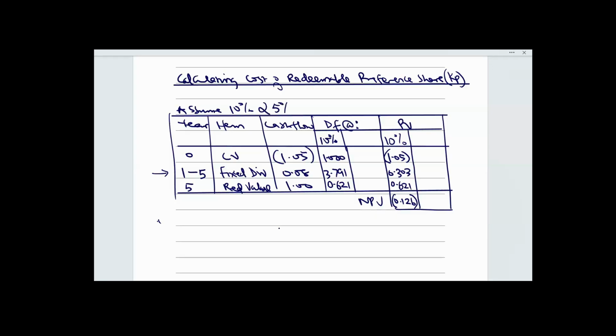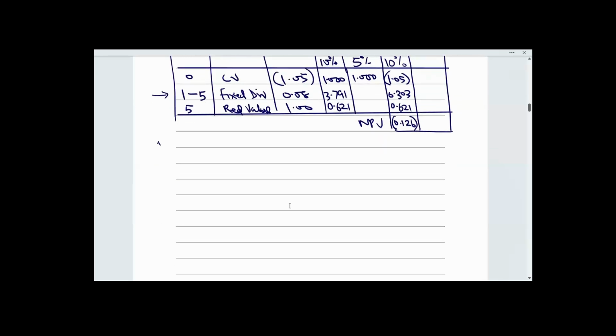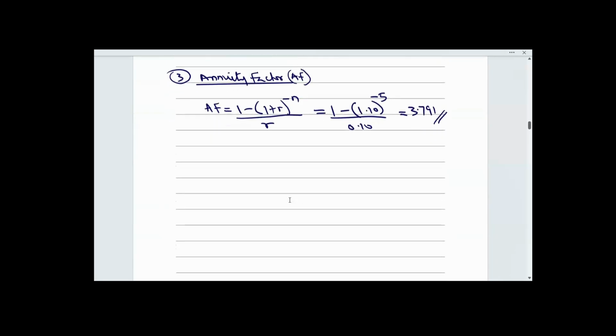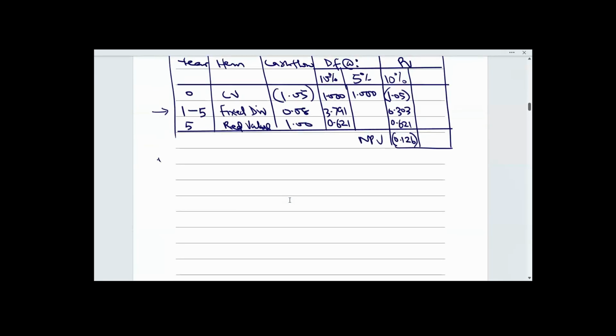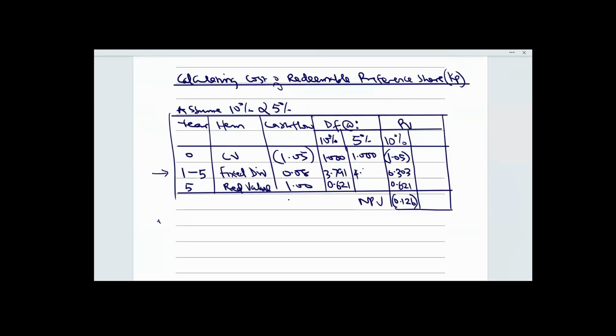So we're assuming 5%. Somebody should give me annuity factor for year 1 to 5 at 5%, just the same way I calculated the first one. 4.329. Thank you very much. So discount factor for year 5 at 5% will be 0.784. All right.